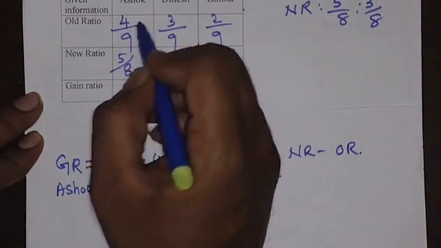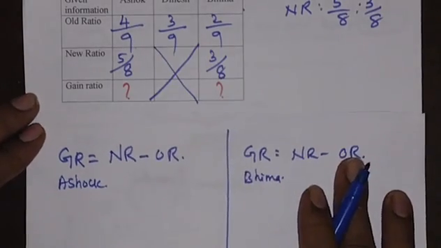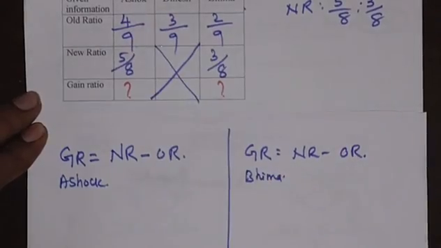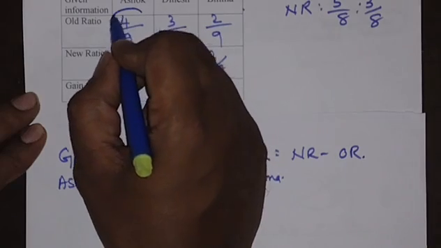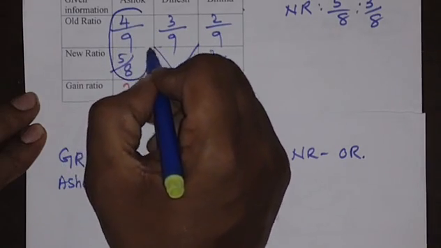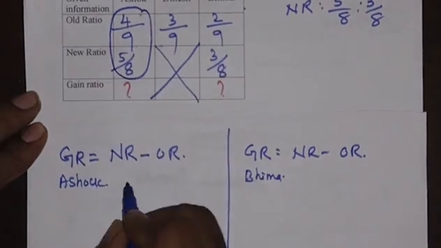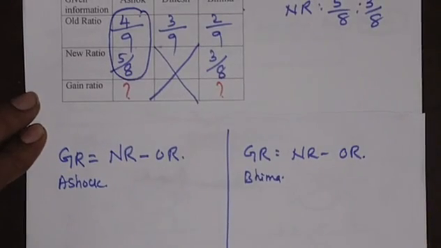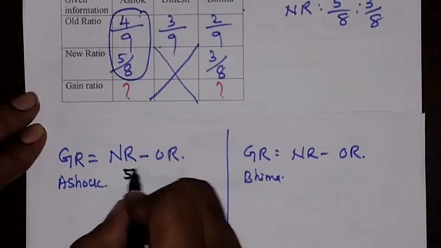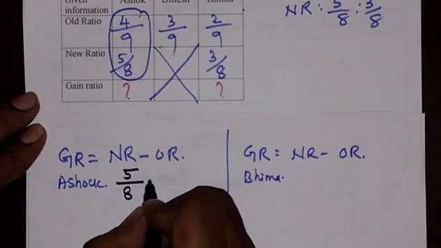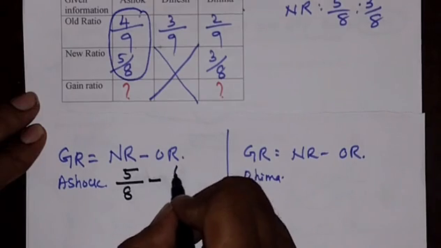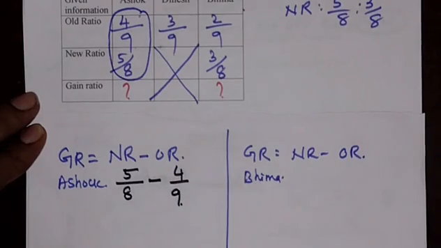Yes, now we can see in the format itself. 4 by 9 and 5 by 8. So the new ratio of Ashok is 5 by 8 minus 4 by 9.